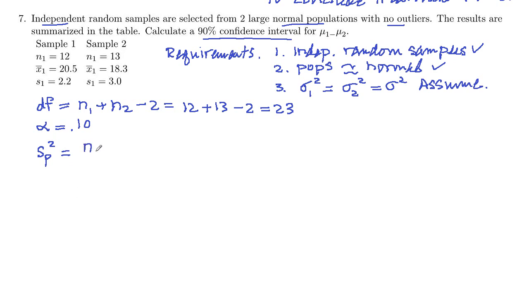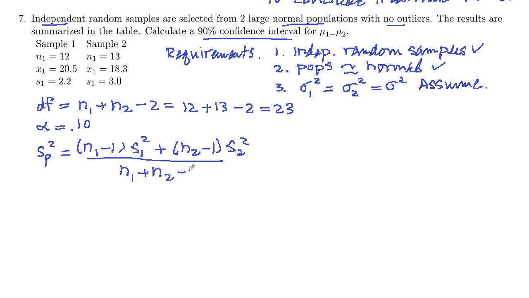And remember that is n1 minus 1 times s1 squared plus n2 minus 1 times s2 squared, and then we divide by the degrees of freedom, the n1 plus n2 minus 2. So again, we're using that pooled estimator because n1 and n2 here are less than 30. That's when you use the pooled estimator.